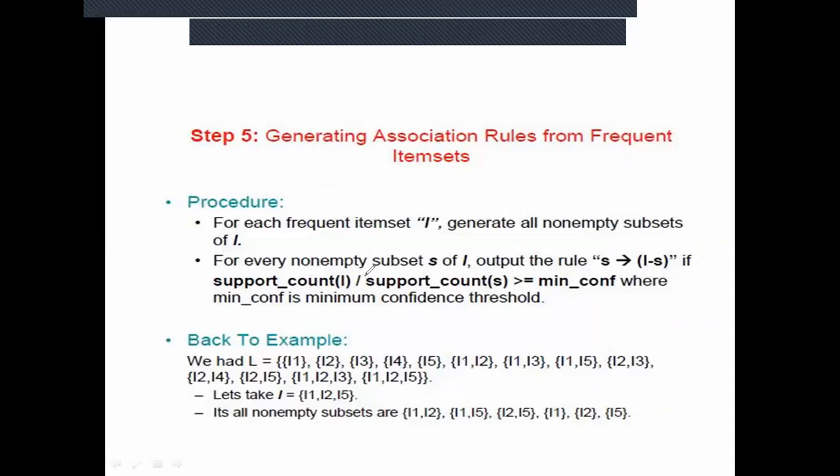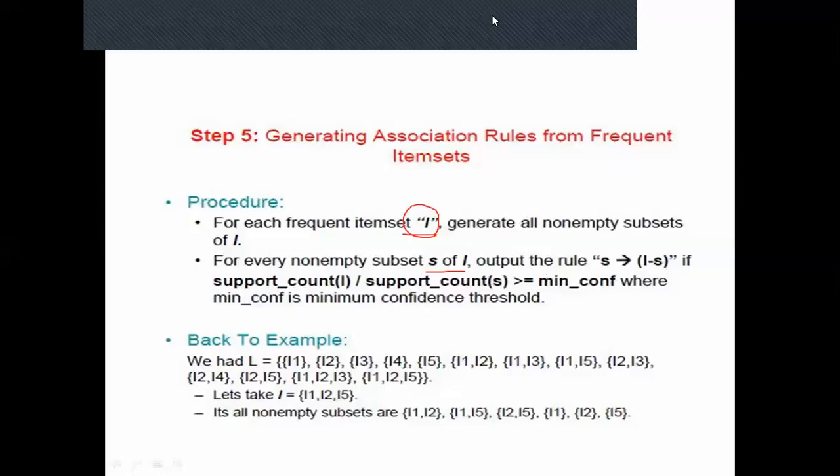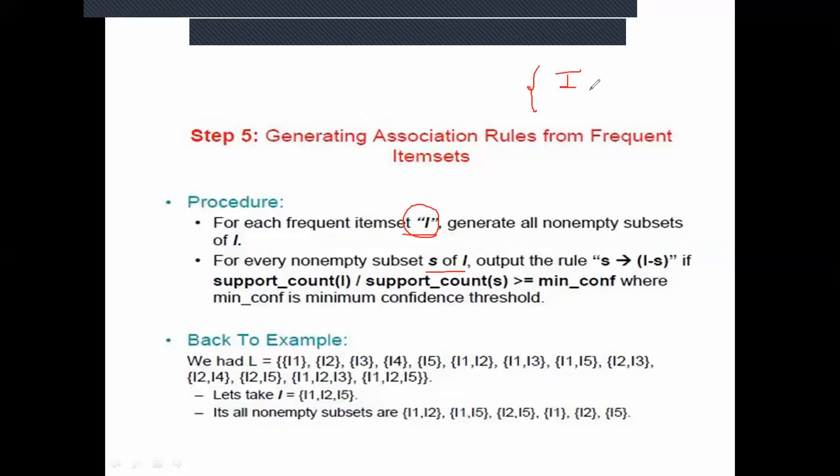Suppose for every non-empty subset S of I, suppose your one frequent item set in L3 was I1, I2, and I5. Suppose I'm assuming this is your I. This is your one frequent item set.